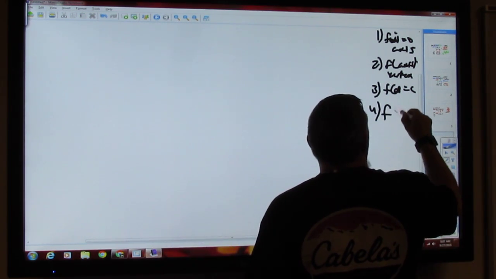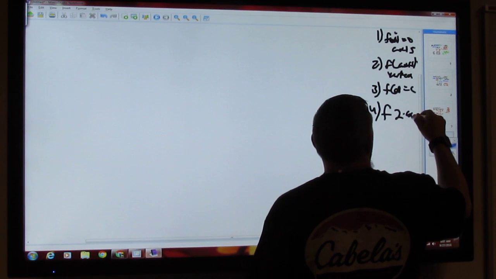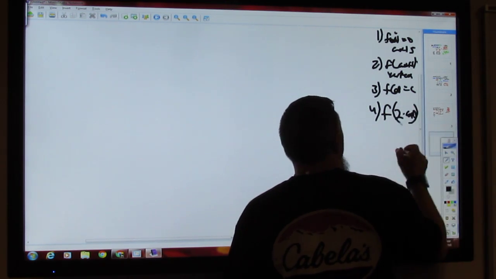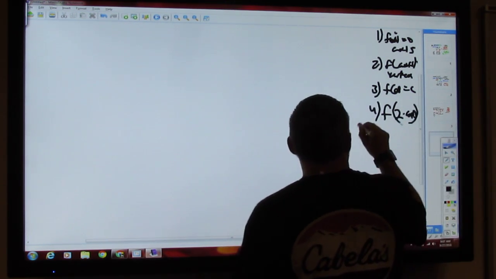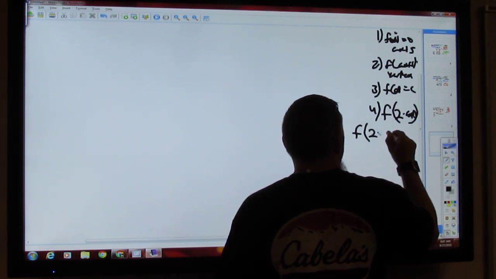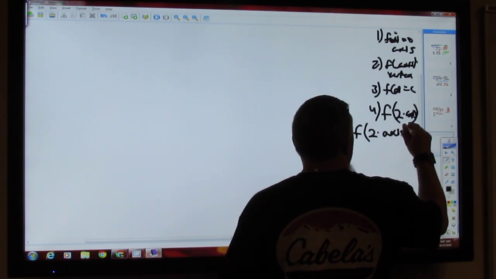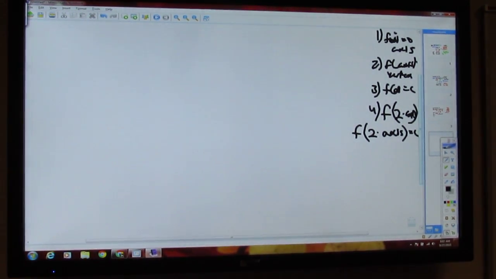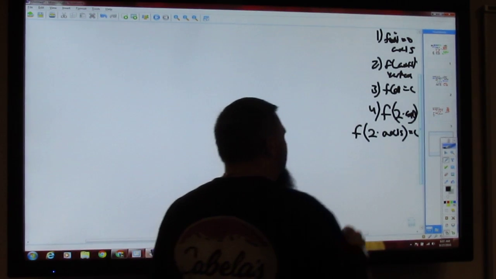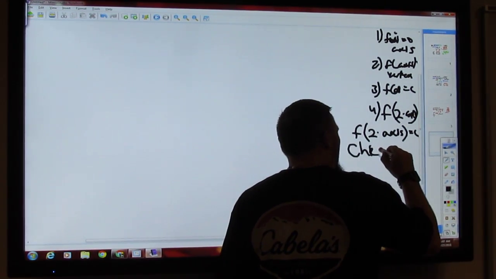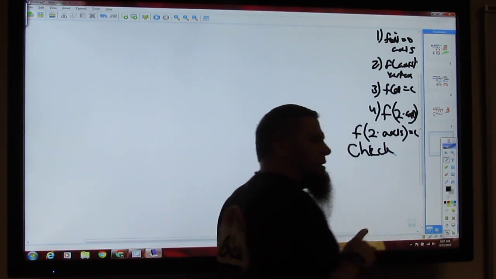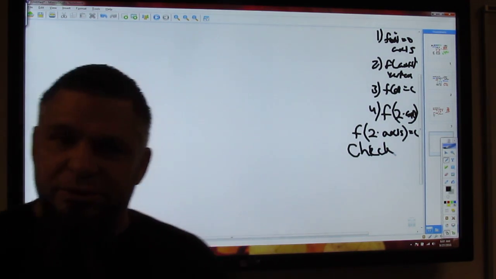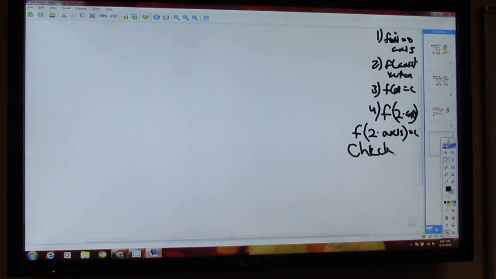F of 2 times the axis is equal to c. This is our check method, because it should produce a mirror. If it doesn't equal c, we did something wrong and our axis of symmetry is wrong.